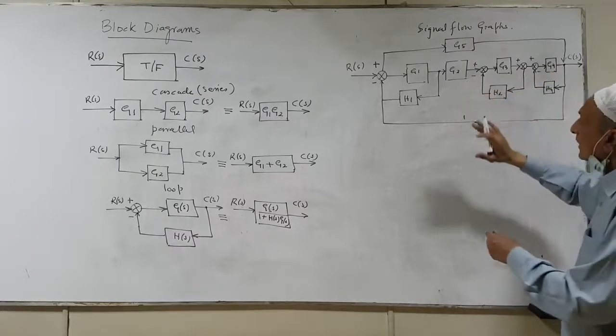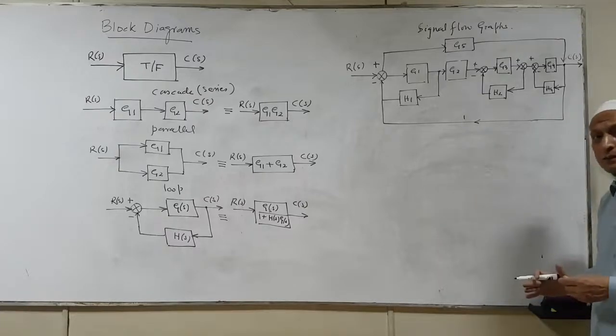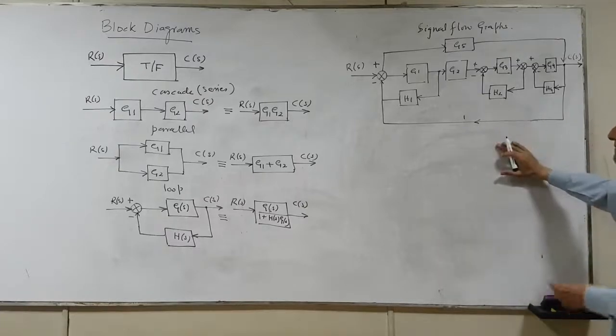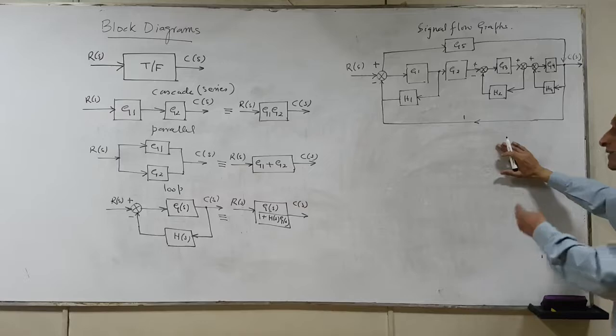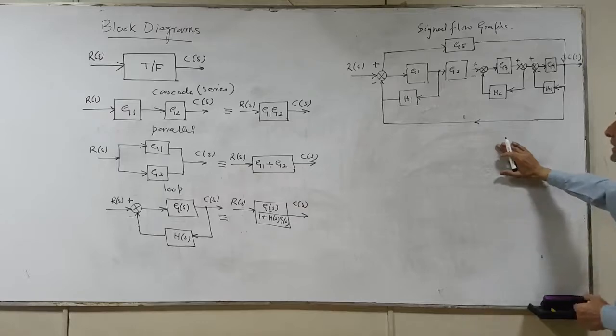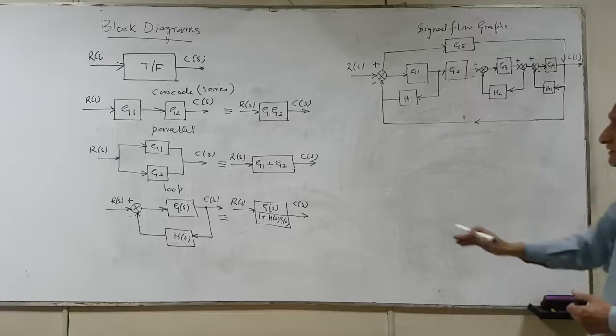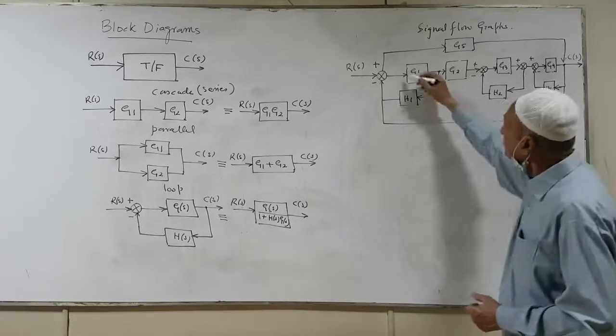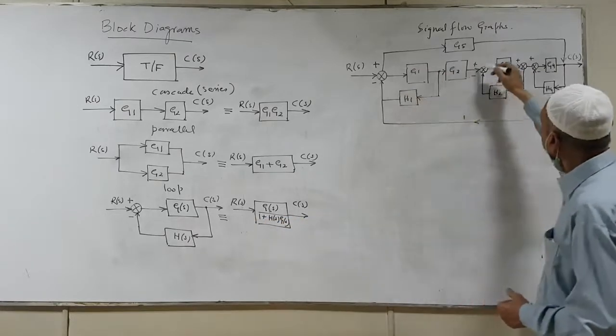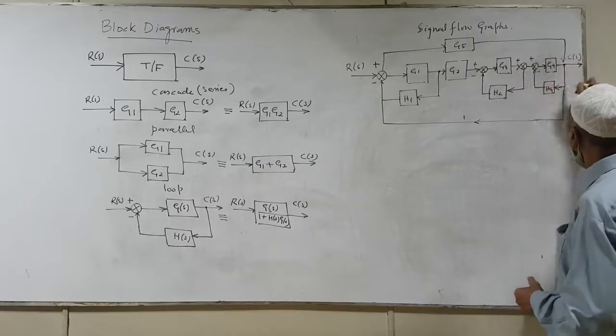In order to simplify this, we can see that there are no immediate series or parallel combinations. All we are looking at are some loops which can possibly be simplified in this form. So we have this loop, this independent loop, and then this independent loop.